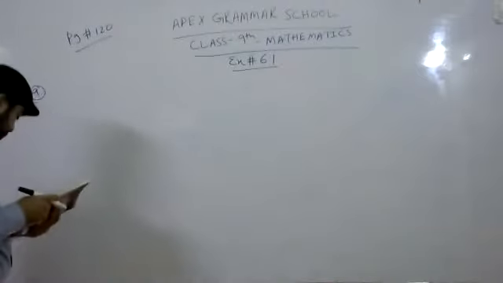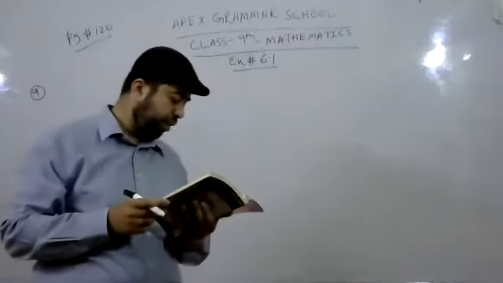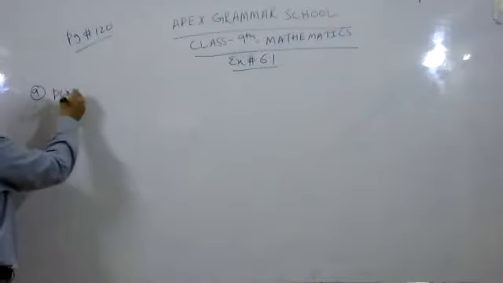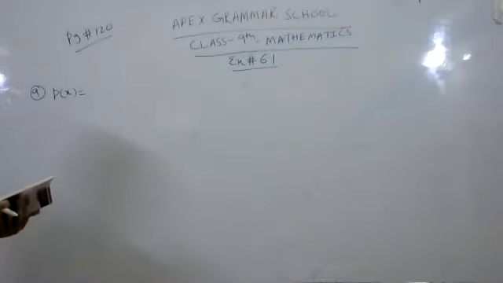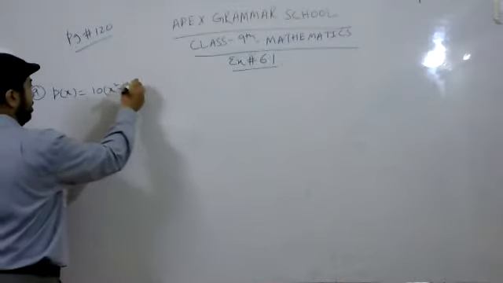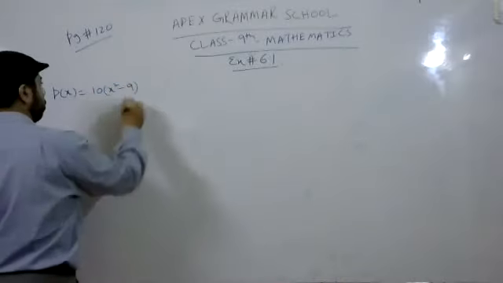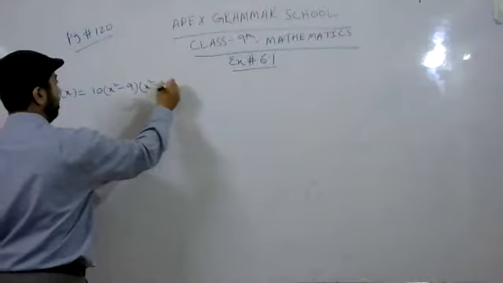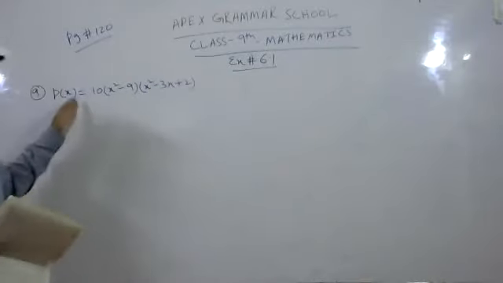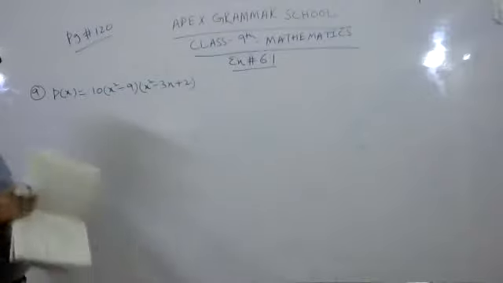That is, if we have p of x, let p of x be, what is p of x? The given value is 10 into x square minus 9, and then x square minus 3x plus 2. This is all the first polynomial, that is p of x.